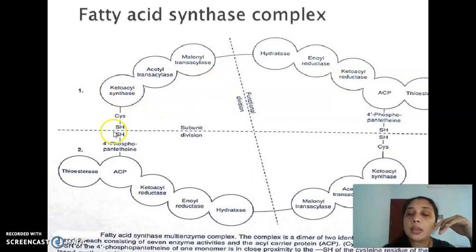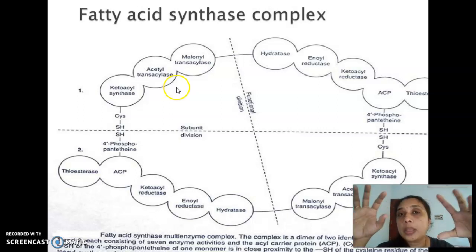Then it has a central thiol group and a peripheral thiol group. The peripheral thiol group is moving like a swing, right? The pan-SH is moving like a swing which takes the intermediates from one enzyme to the other and the reaction will be taking place, right? Finally a C16 palmitic acid will be formed at the end of the reaction, right? So this is how the individual enzymes are functioning, right?